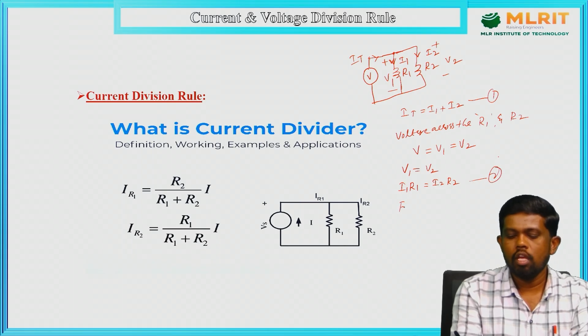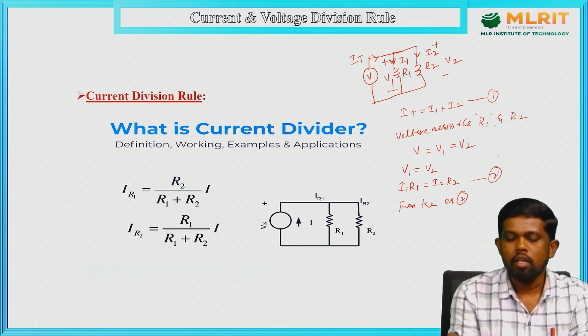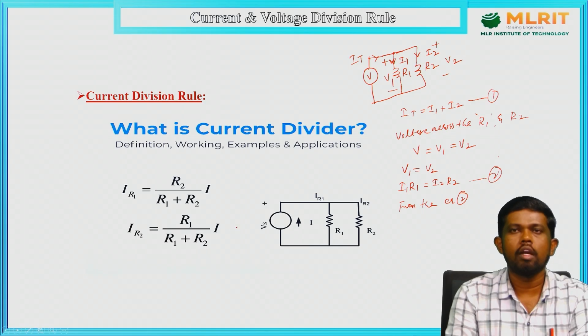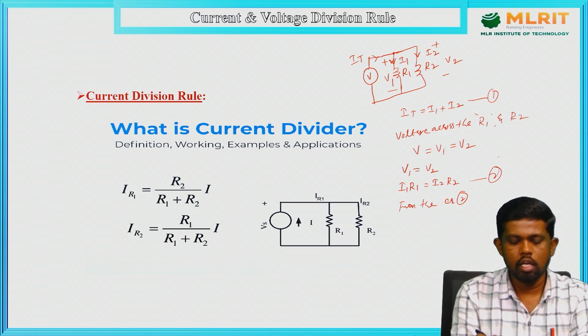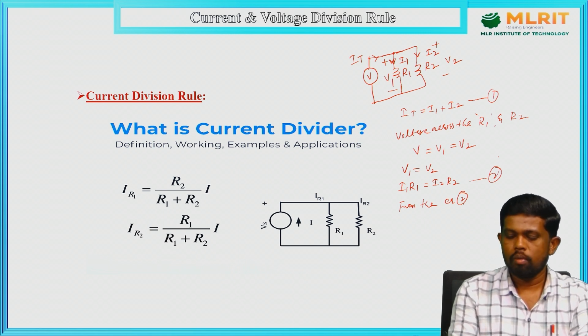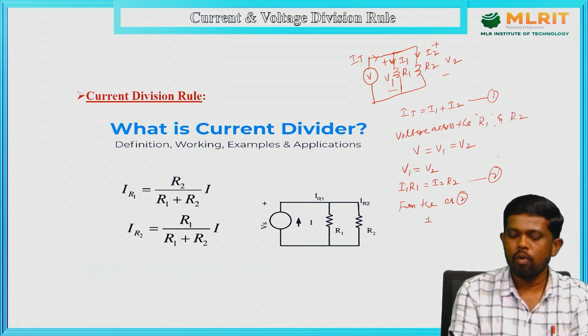From equation number 2, here I want to derive how we get the formulas of the current division rule, based on which we get the current through the individual resistances in a parallel connection. From equation 2 we got I1 equals I2 into R2 upon R1.